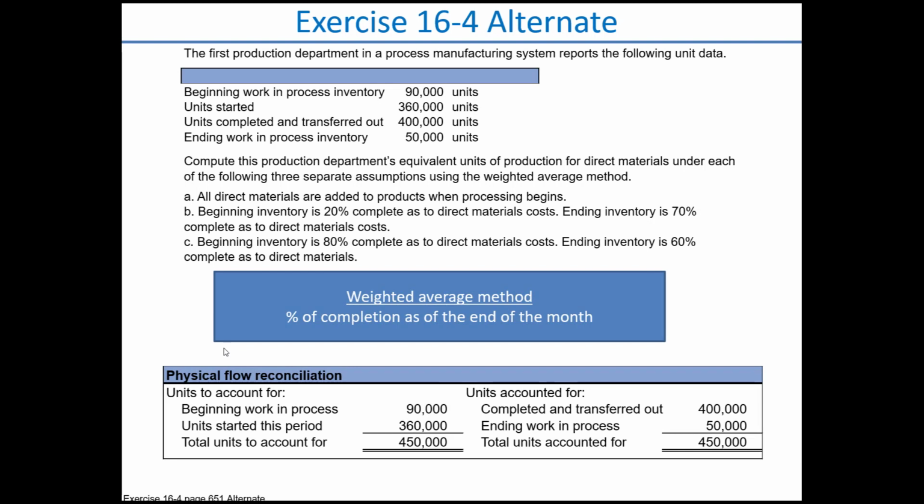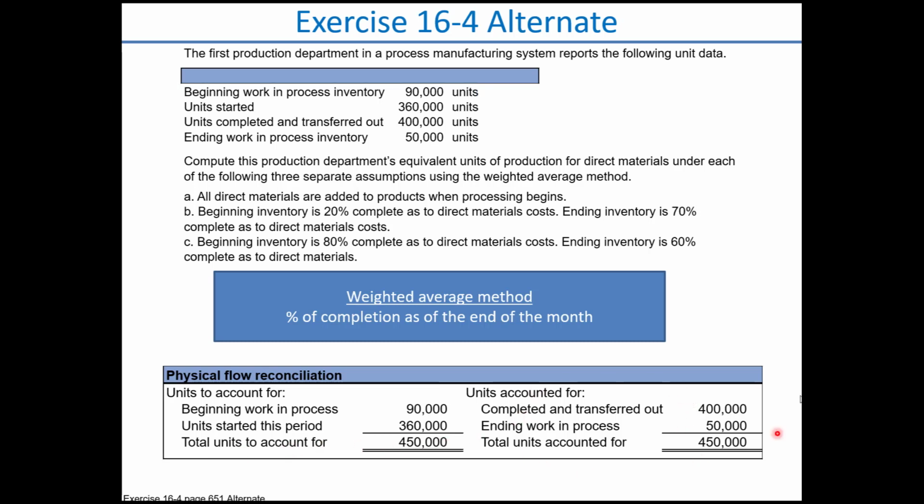So first is this physical flow reconciliation. So you'll notice that this number, 450,000, is equal to this number. So in this section, we have our beginning inventory plus the units that were started in the current period, and that equals the total units to account for.